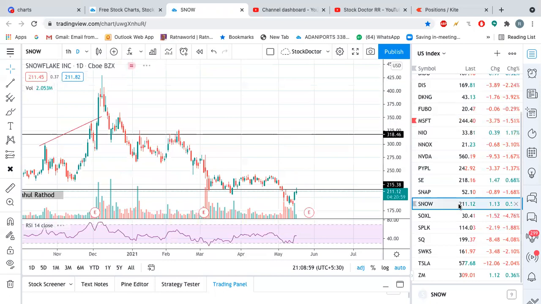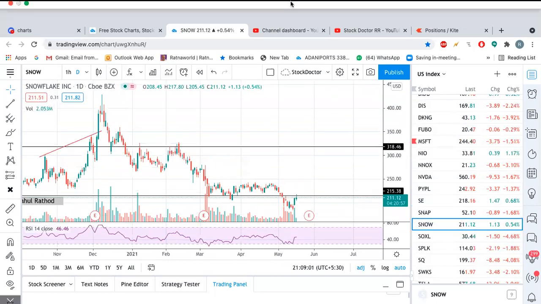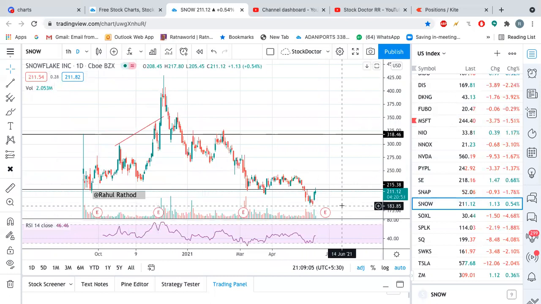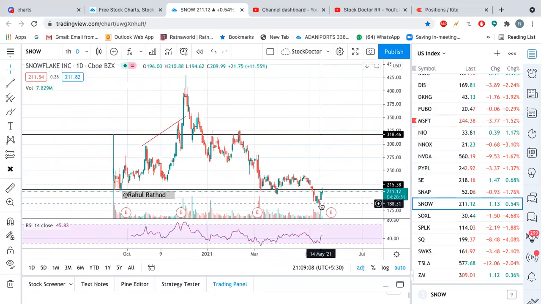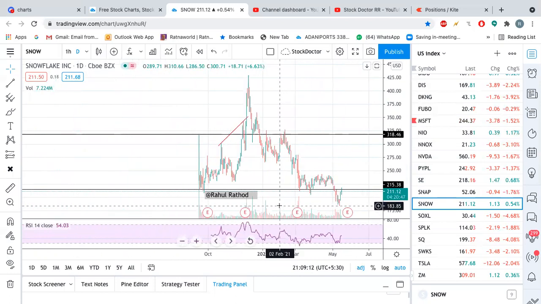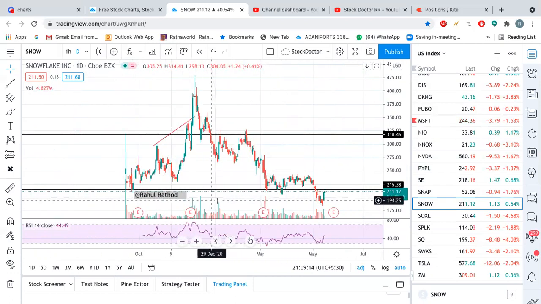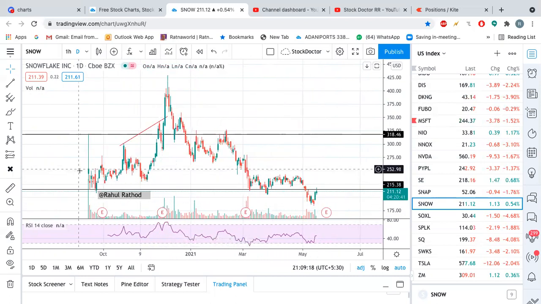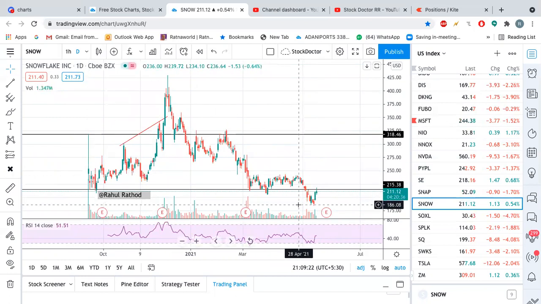The next stock is Snow. So for the Snow, if you can see here, it has given a very good technical bounce on Friday. I think the Snow is at its 52-week low. It broke its IPO price as well, it looks like.